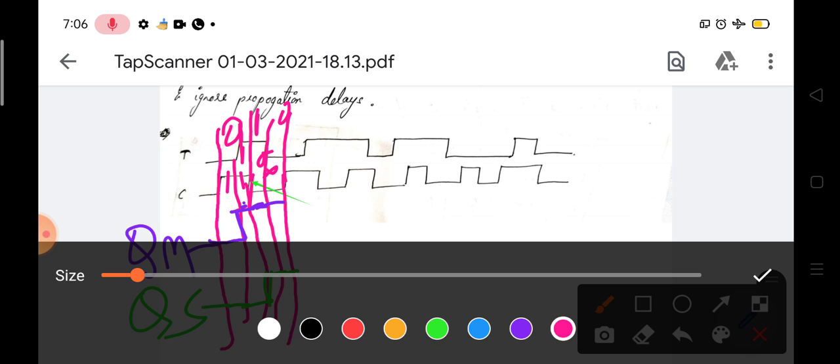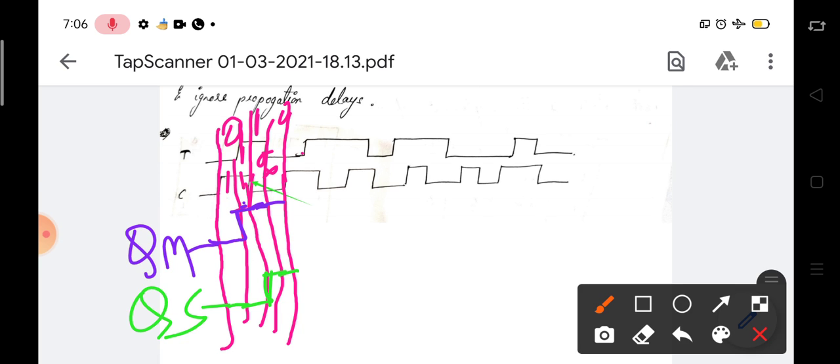Now next, up till here, my T is 0 and clock is 1. T is 0, clock has become 1.